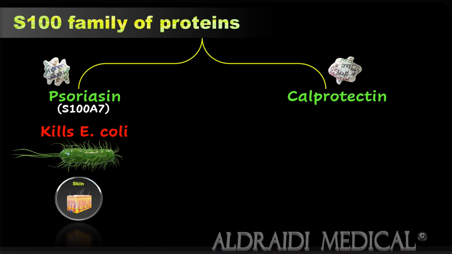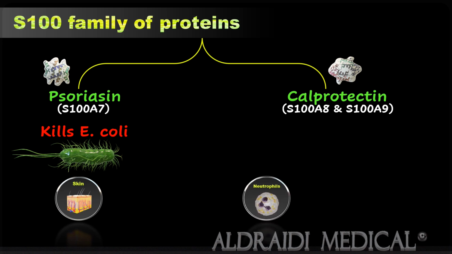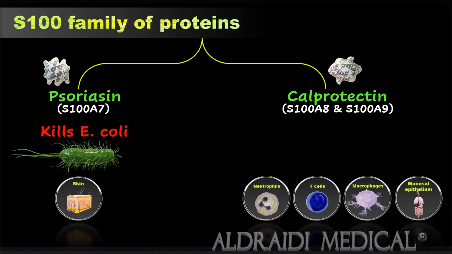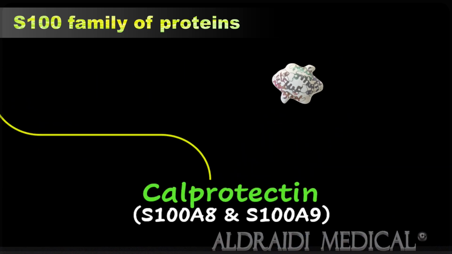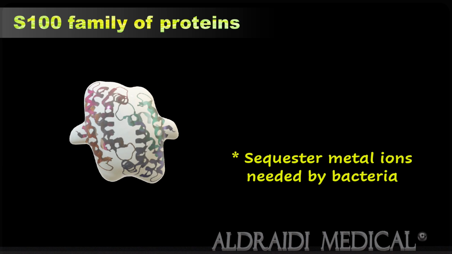Calprotectin, on the other hand, is formed of S100A8 and S100A9 peptides, and is produced in high amounts by neutrophils and by T cells, and in lesser amounts by macrophages and epithelial cells. Calprotectin, just like Lactoferrin, can bind and sequester metal ions needed by bacteria and fungi, which limits their growth.